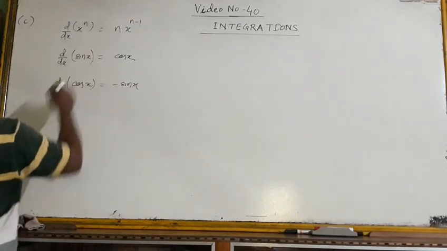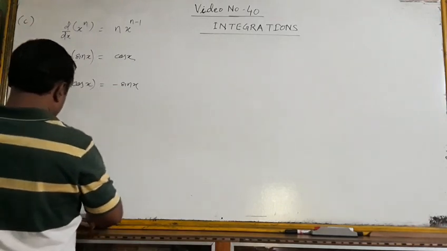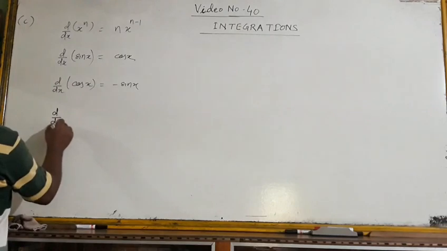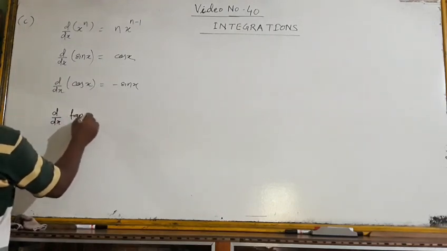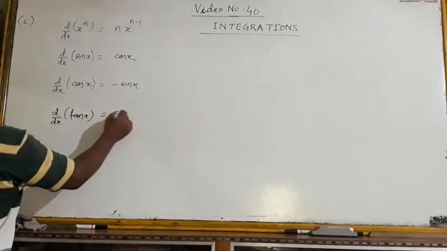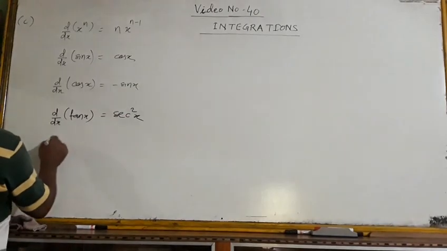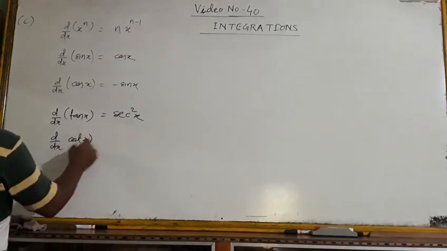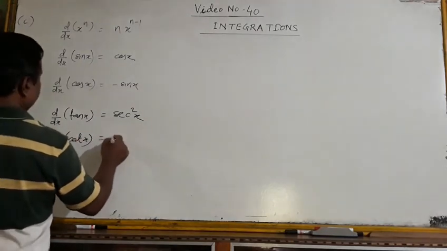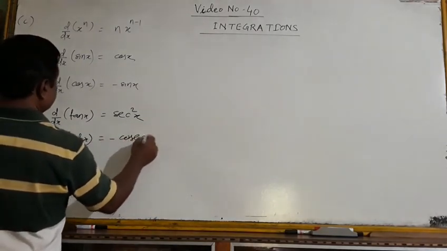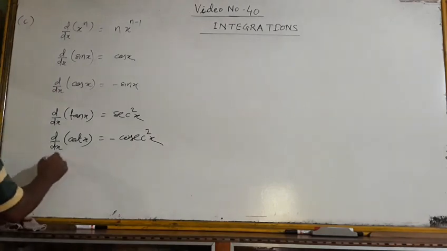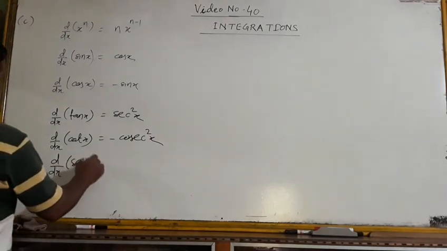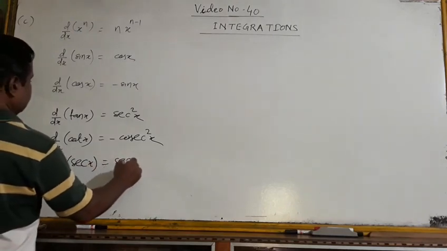And d by dx of tan x is sec square x. The derivative of cot x is equal to what? Minus cosec square x. And the derivative of sec x is equal to sec x into tan x.